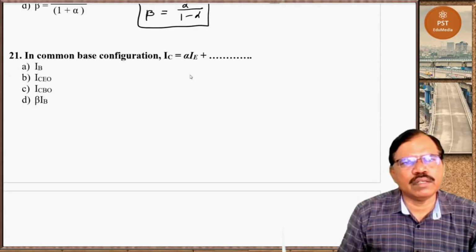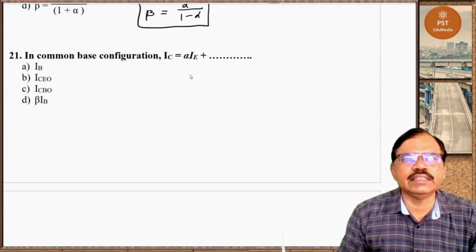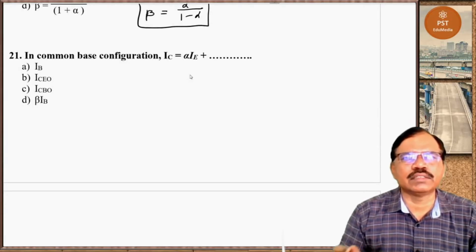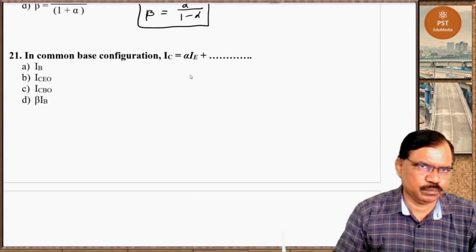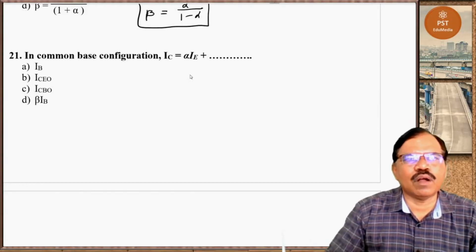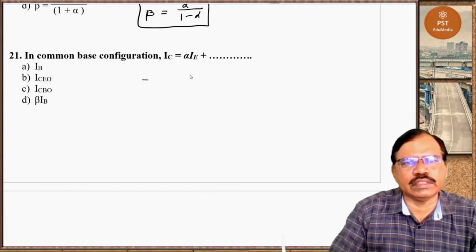Now in common base configuration, IC is equal to alpha IE plus dash dash dash. So in common base configuration, we have seen here. This is common base configuration.